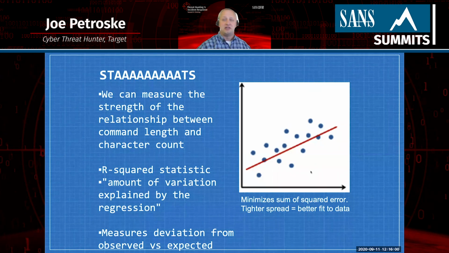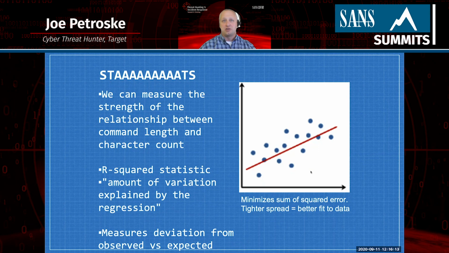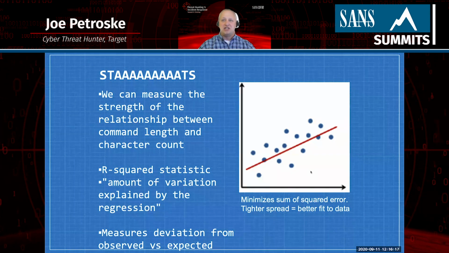It's the technique for taking your observed data, graphing it, and then finding the line that best fits that data. A linear regression has a property, without getting into too much stats here, called the R-squared statistic, which is basically the amount of variation in your data that can be explained by the regression line you just drew.